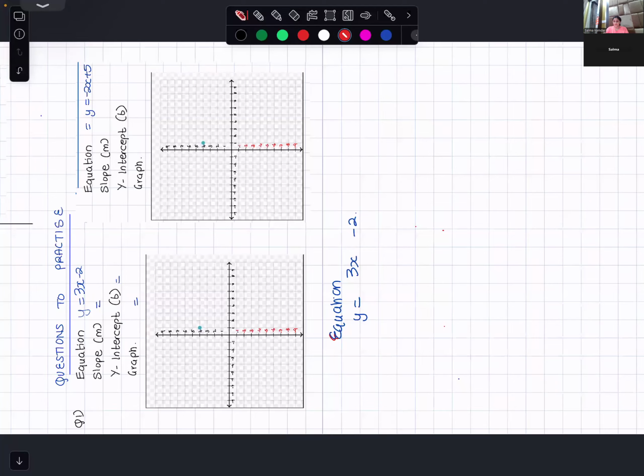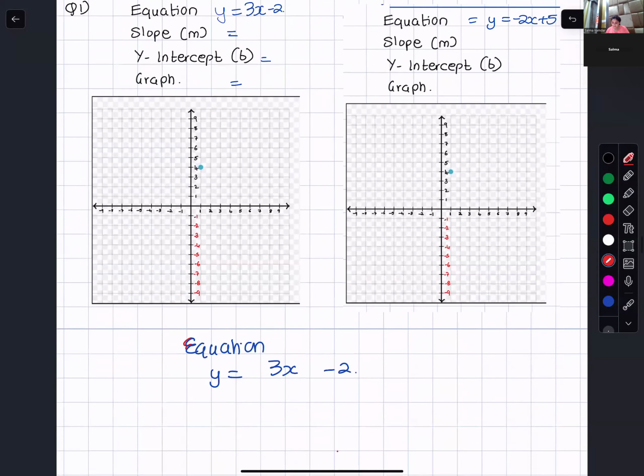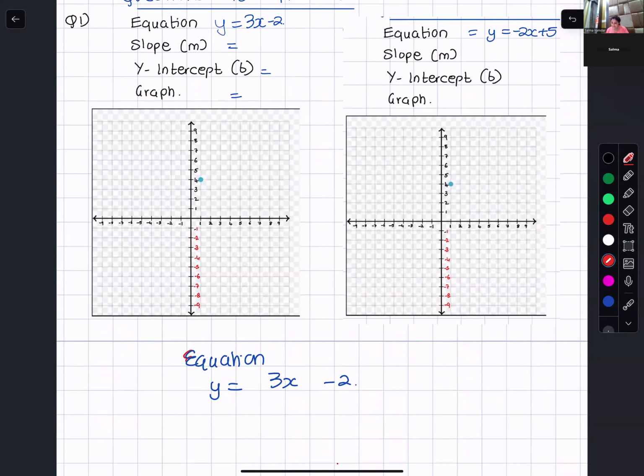Now you have to plot this graph where the equation is y is equal to 3x minus 2. Now you should know this very clearly. First you should know the equation of a straight line. What is the equation of a straight line?